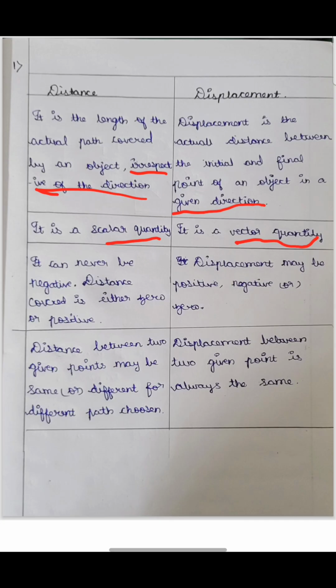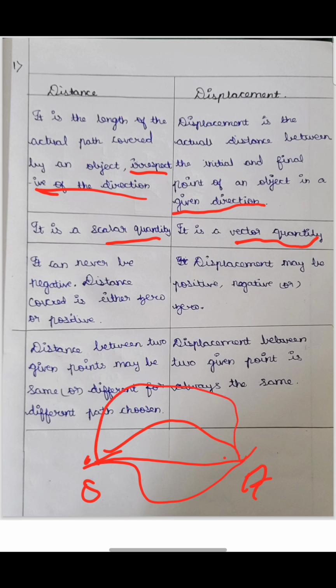The next one: distance between two given points may be the same or different for different paths chosen. Displacement between the two given points is always the same. As I mentioned earlier, if there is a starting point and a final point, there can be a number of possible paths, right? So the distance changes depending on the path we are choosing.